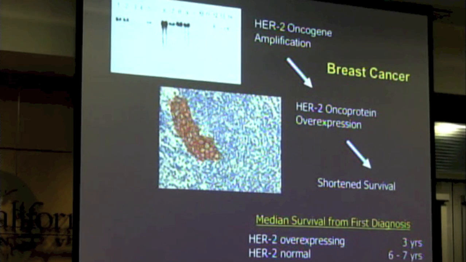The women whose tumors contain these extra copies make too much of the protein, and they have a very different outcome when they're treated with the one-size-fits-all approach. So the median survival, meaning the midpoint, some patients live much longer, some shorter, is 6.8 years if the HER2 gene is normal. But if it's amplified at any level, that drops to less than half when they're all getting exactly the same treatment. So already we know we're dealing with a different subtype of the disease.